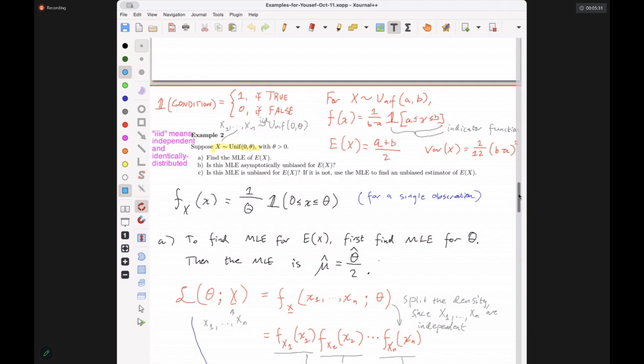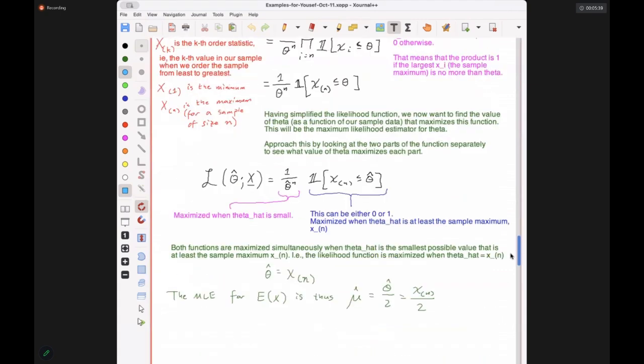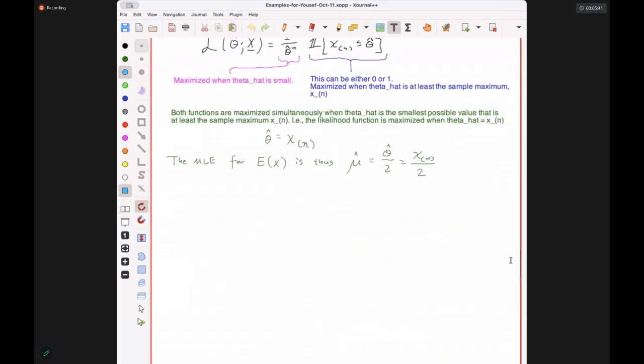So part B here, we want to determine if the MLE is asymptotically unbiased for the expectation of x. And so how can we evaluate that?